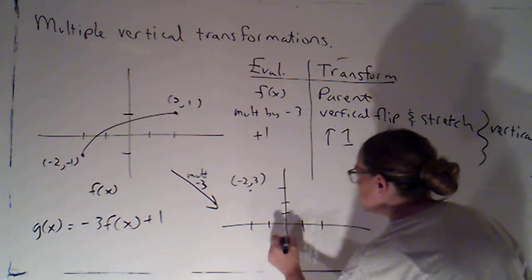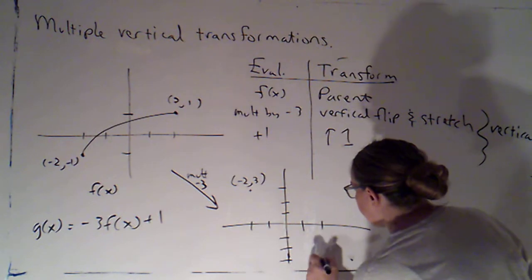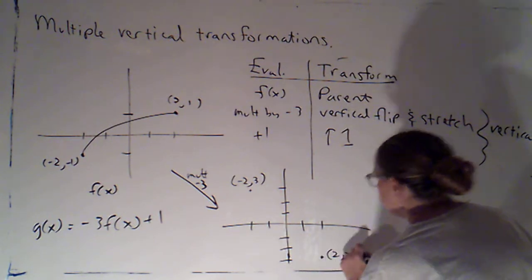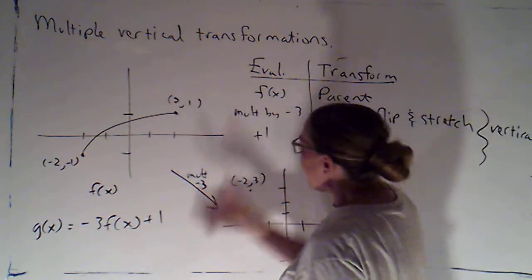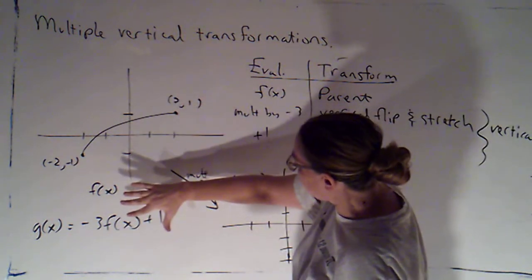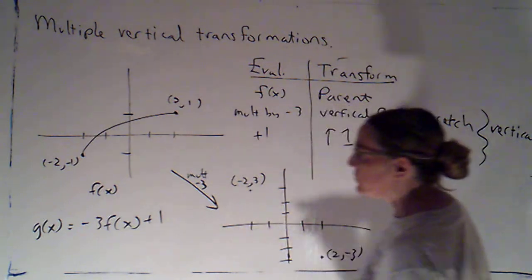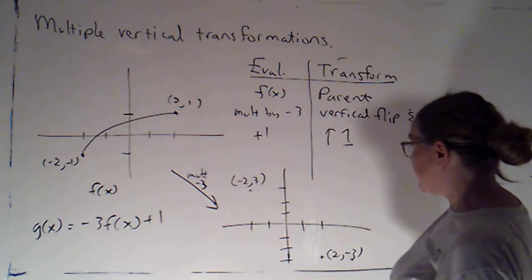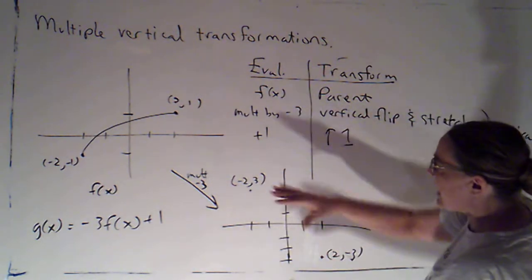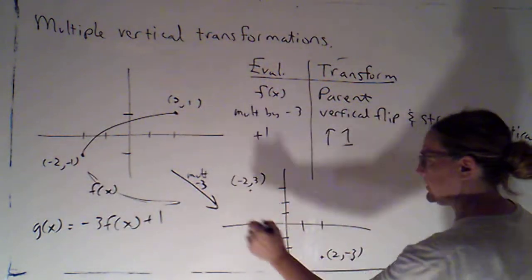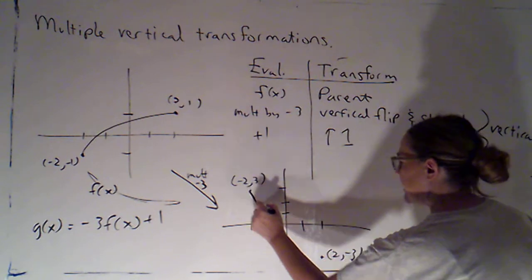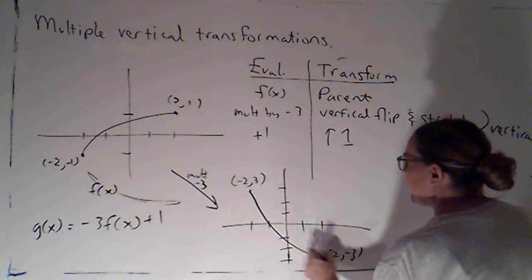So I'll have a point 2, -3. All right, and they were connected with this curve, and I can see if I flip that curve upside down, which is what I was doing in addition to stretching it, flipping it is going to give it a shape that looks more like so. So I'm going to have a shape like so, connecting these points.